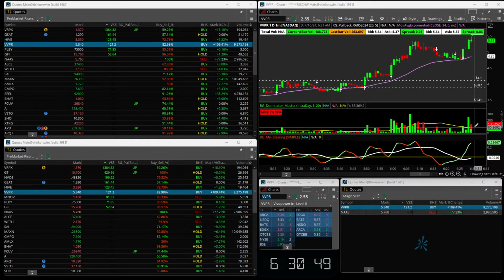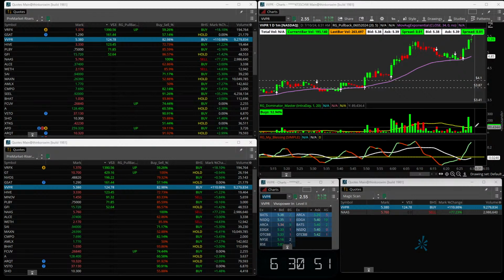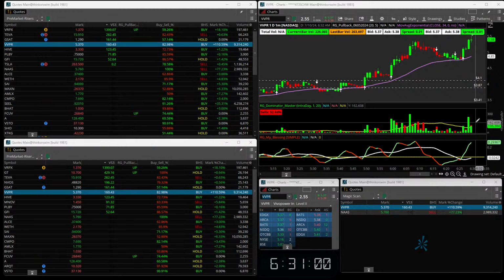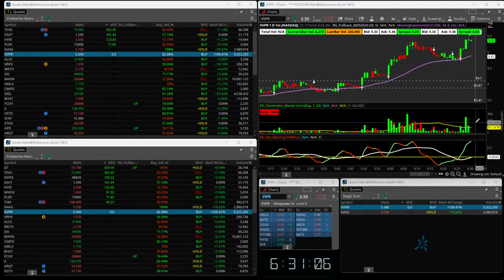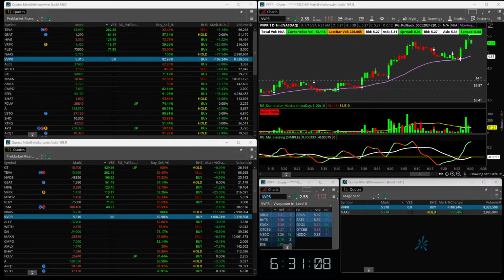You can see the red here. As long as the buyers come back in and push it up, the price will be stable. So now holding 535. Couple more profit takers coming in.